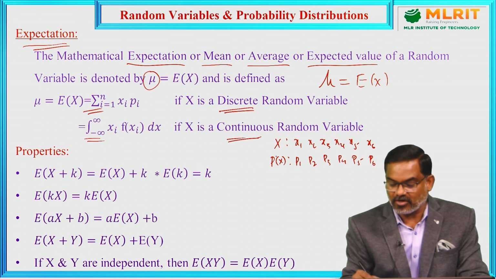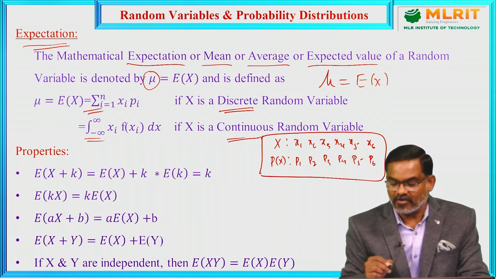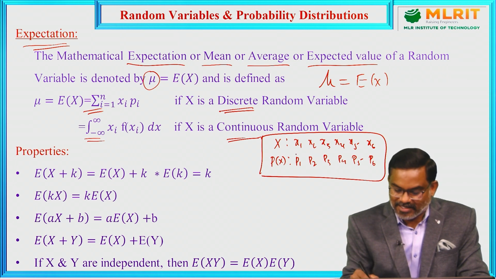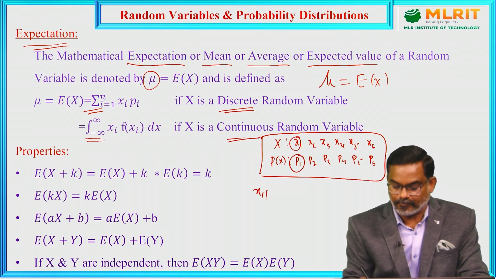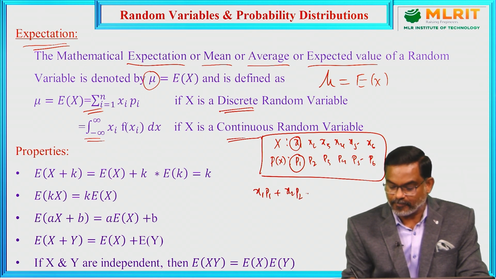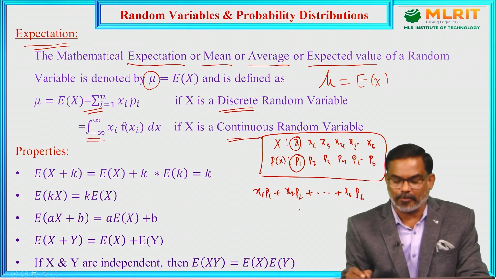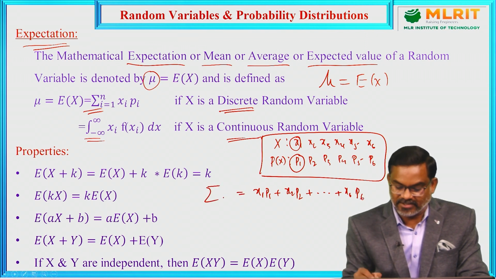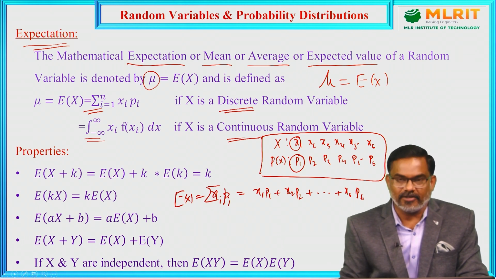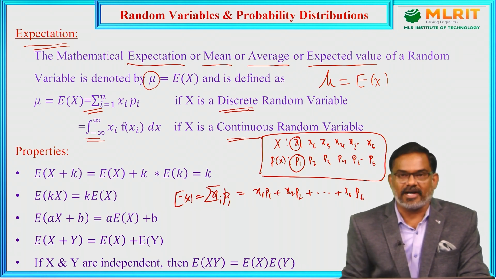This is the probability distribution of capital X. Now let us multiply the corresponding elements: x1 into p1, plus x2 into p2, plus so on, up to x6 into p6. The sum of these products, that is sigma xi into pi, is called the expectation of X, or the mean or average, in the case of a discrete random variable.